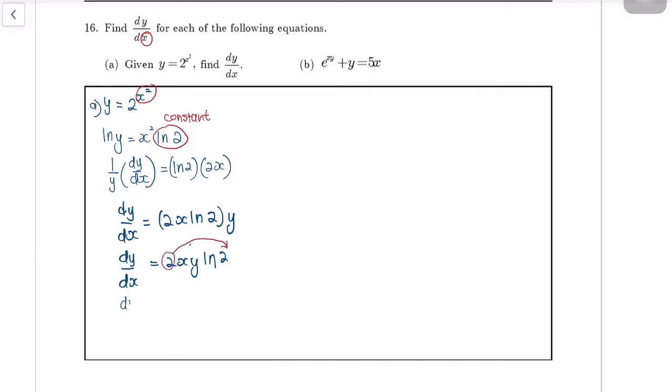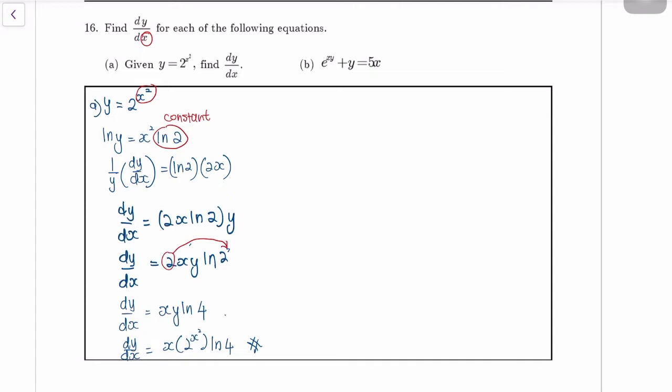So dy over dx equals xy ln 2 square, so ln 4. Okay, so dah siap. Kalau kita nak tukar balik y tadi, dy over dx equals x times 2 to the power of x square ln 4. So everything is in terms of x. This is the first method lah.